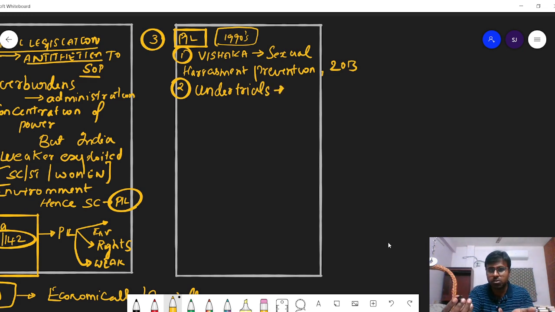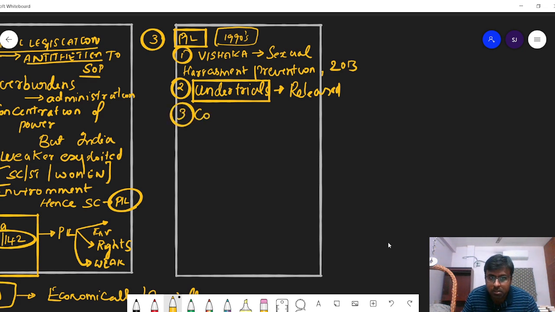They would have done very small things, but they would be languishing in jail for so long that they would not be released. This is against justice, and this was brought in front of the Honorable Supreme Court, and the Supreme Court released all these undertrials. And you know what?